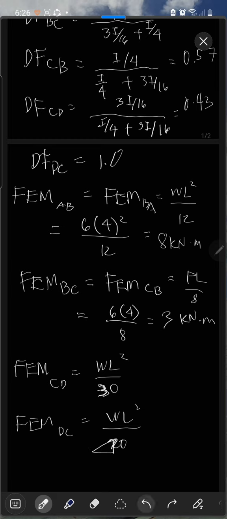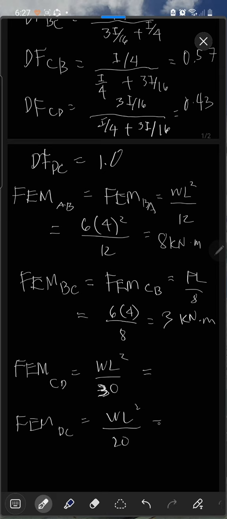Something to help you remember. For the triangular loading FEM, wL squared over 30, then wL squared over 20. Okay, that's all, to make it easy to remember.